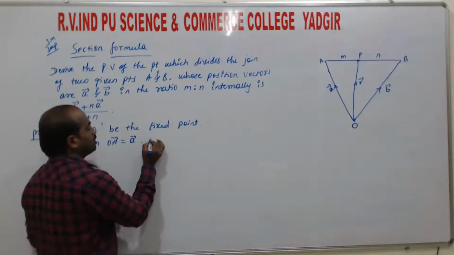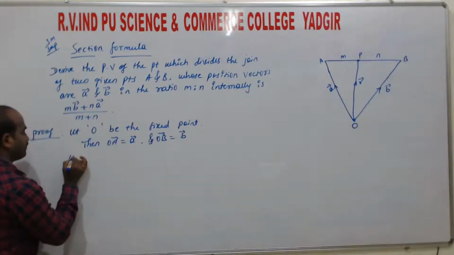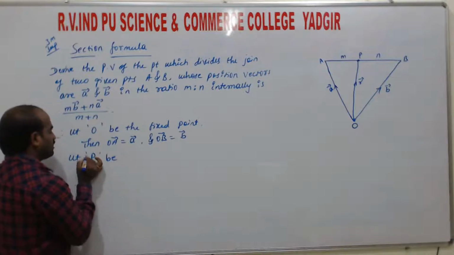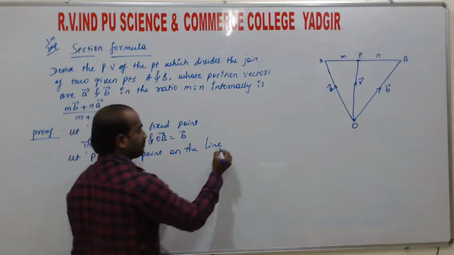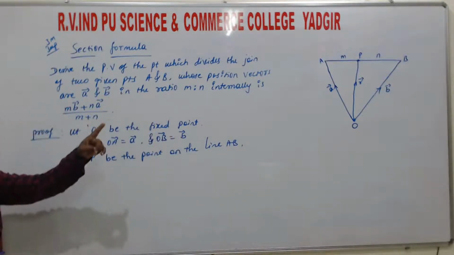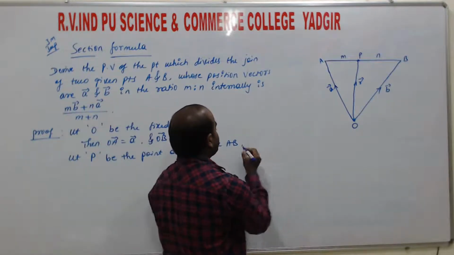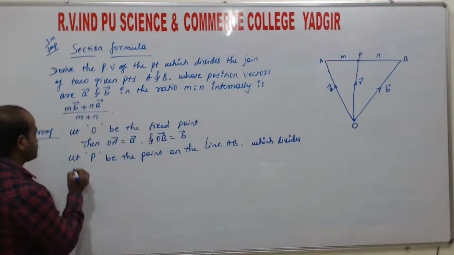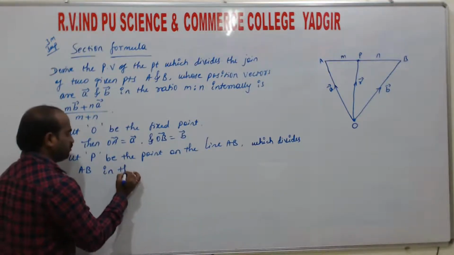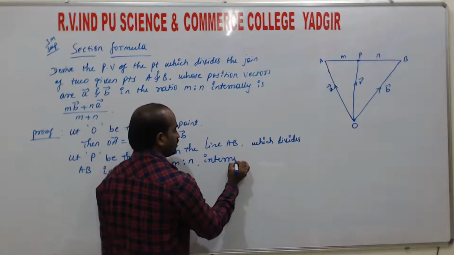Next we take, let P be the point on the line AB, which divides AB internally in the ratio m is to n.